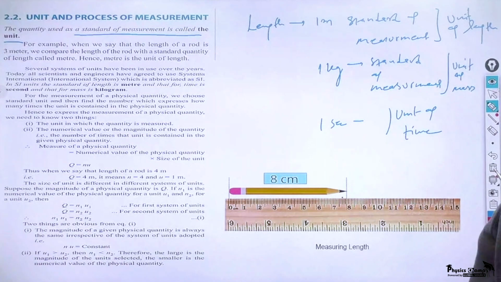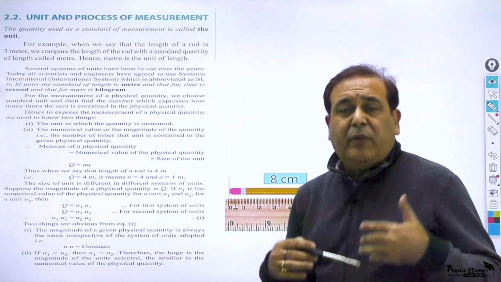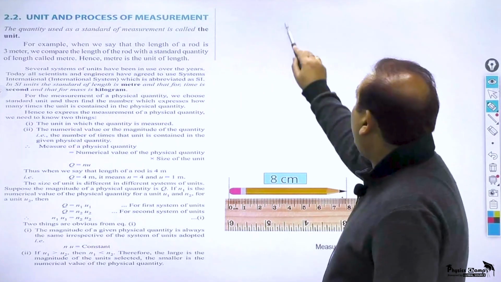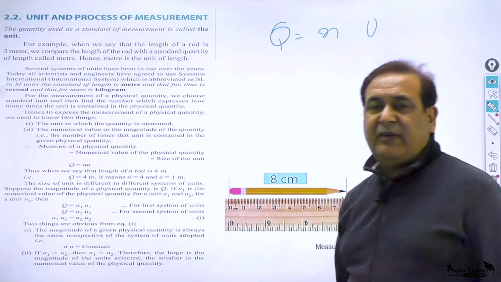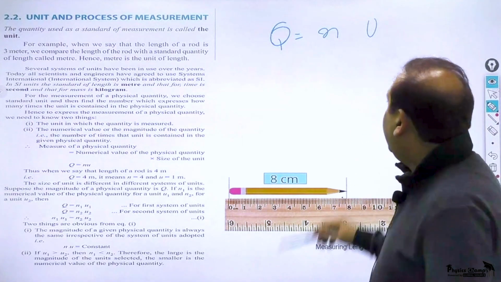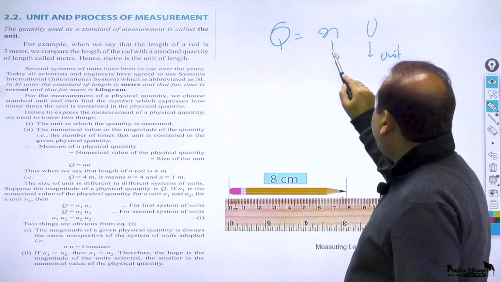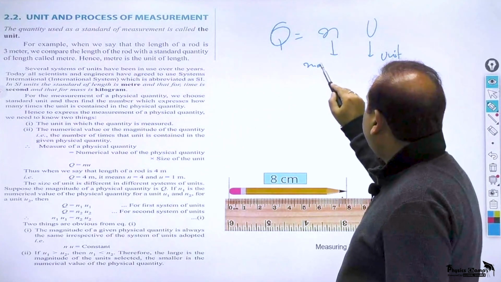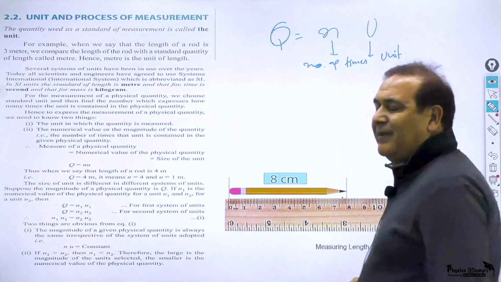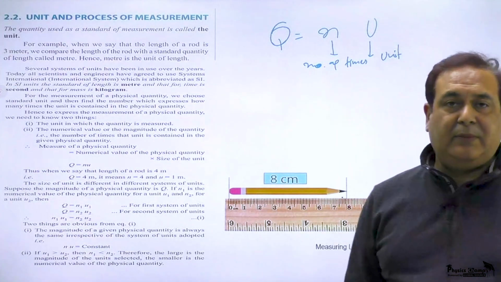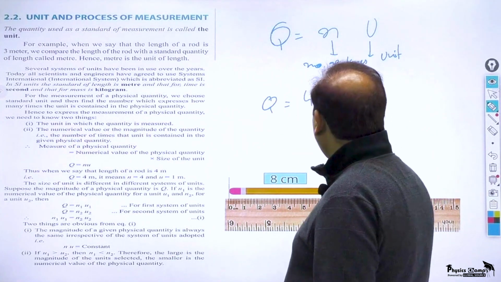Now, how would a quantity be represented? A quantity will be represented as N into U, that I have already said before. U is the unit, and N is the number of times the unit is repeated, the numeric value. For example, the quantity is 4 meter.